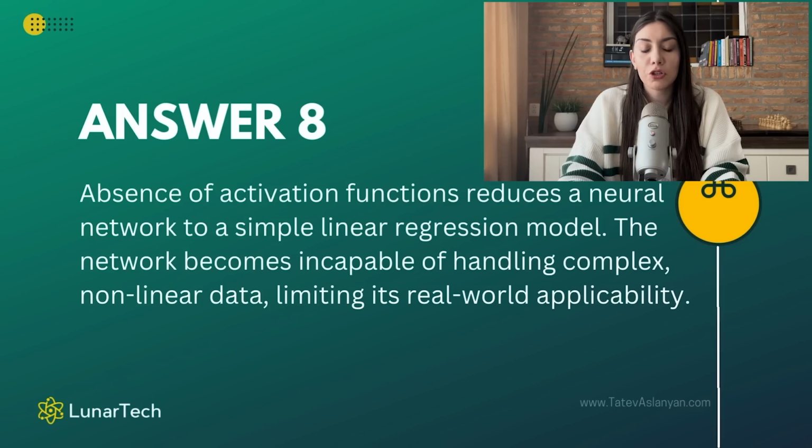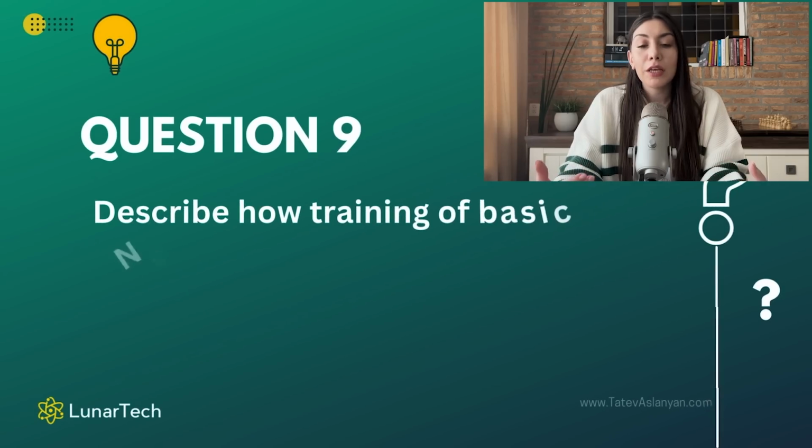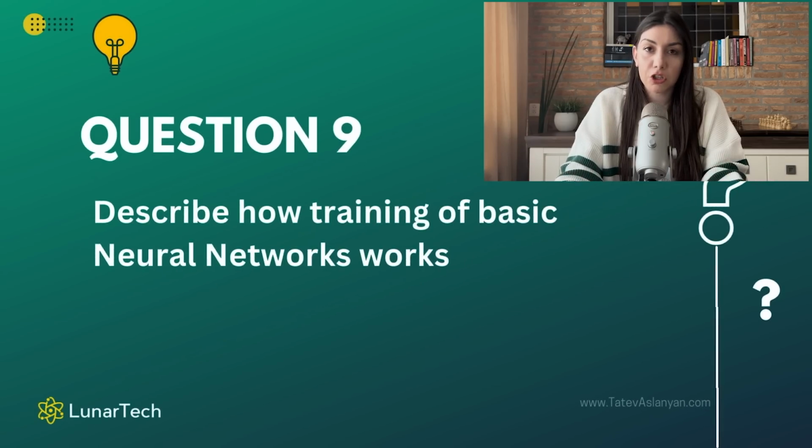Therefore, in order to be able to utilize the architecture of neural networks and to be able to discover hidden patterns in our data, nonlinear patterns, we use nonlinear activation functions.